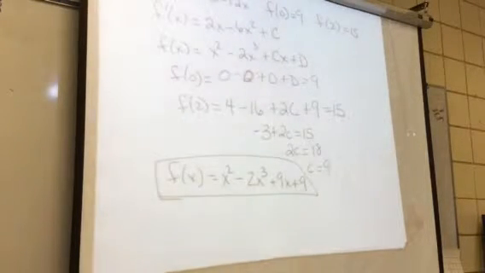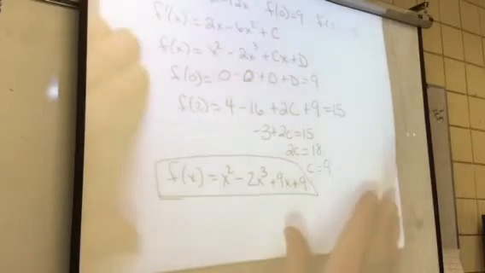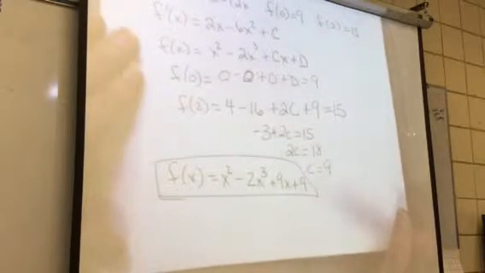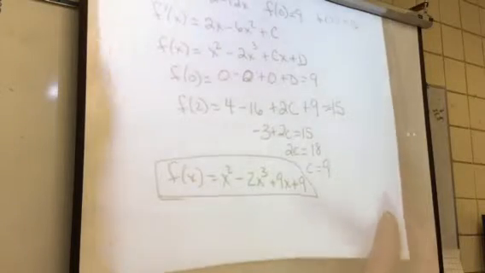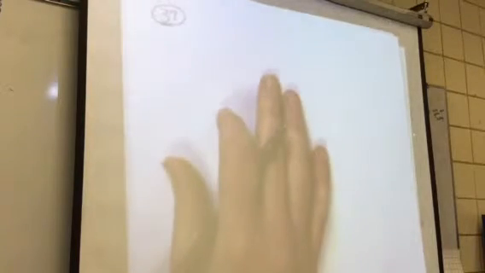So the next one that you wanted to see was 37. So when we get to number 37, it says, given that the graph of f passes through the point (1, 6).